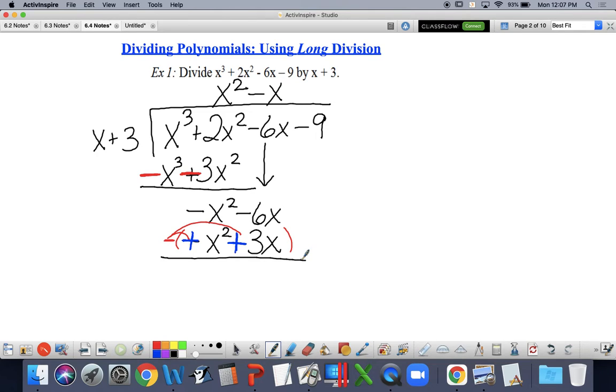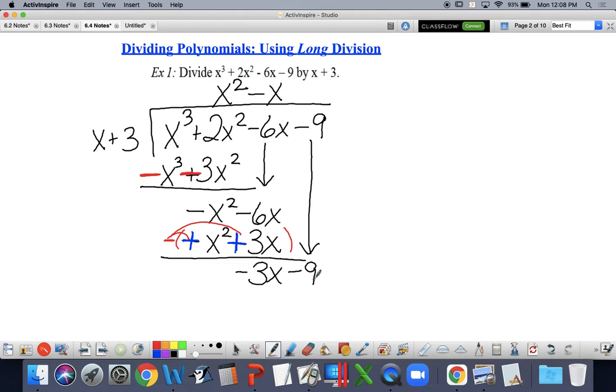My x squareds cancel out just like I wanted. Negative 6x plus 3x is negative 3x. Bring down my negative 9.